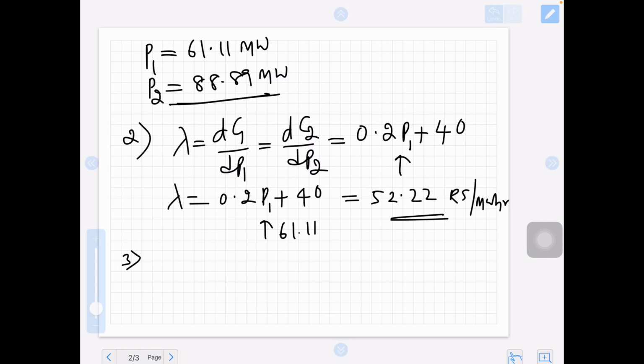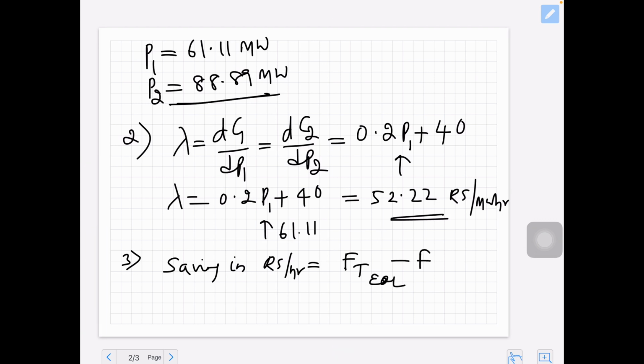Now the third question is we have to find the saving in rupees per hour when you compare the two costs. One is the total cost for equal load sharing and the other is the total cost for economic load scheduling.